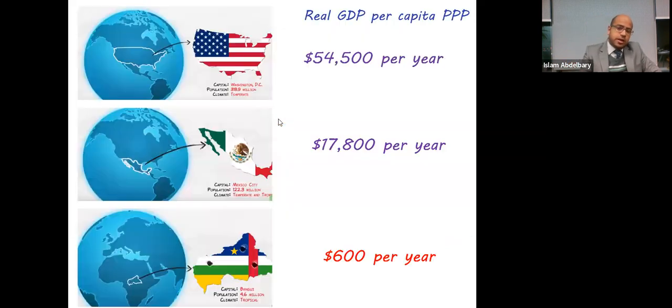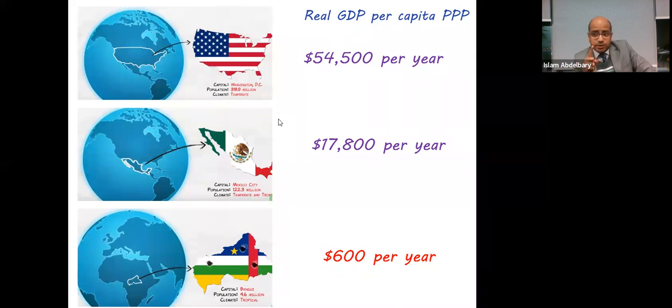Let's imagine that the real GDP per capita for each country is about 55,000 in the US, 17,000 in Mexico, and 600 in Central Africa.